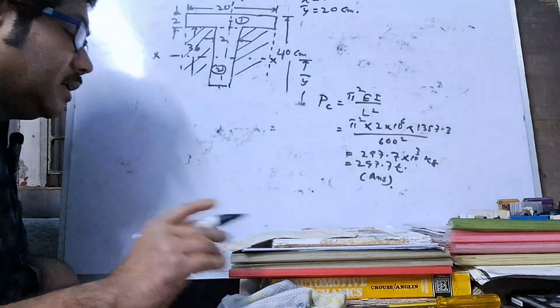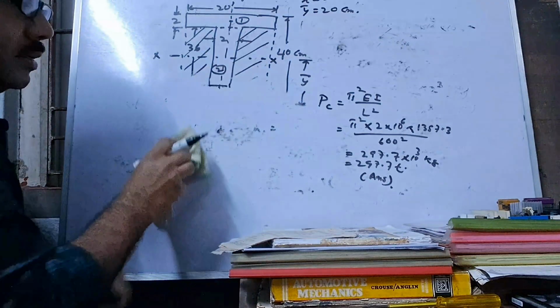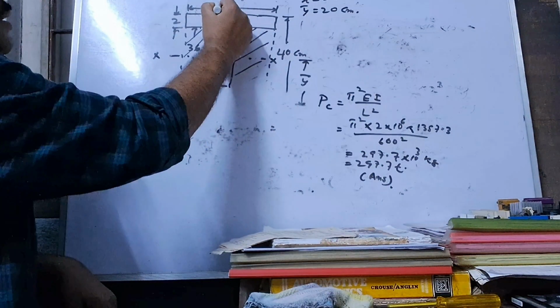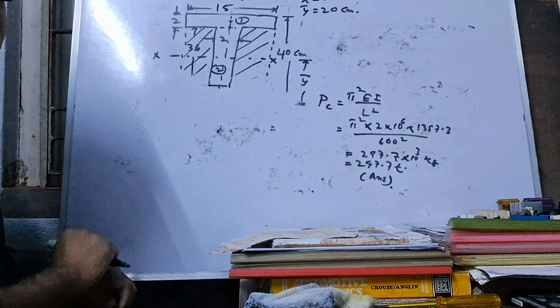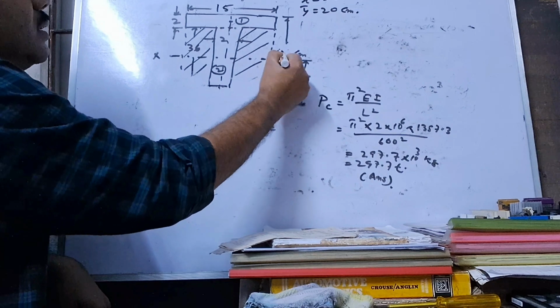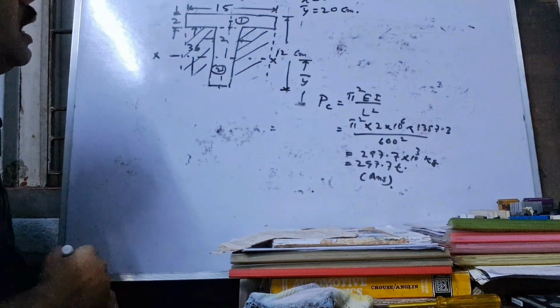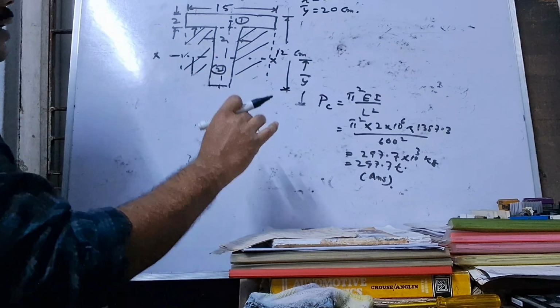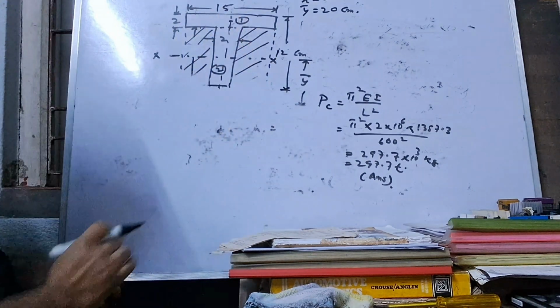Here the dimension 15 centimeter, remember, not height, may be taken in this form, 15 centimeter. 12 centimeter, here this is 12 centimeter, and another is 2 centimeter. This is actually the T section.